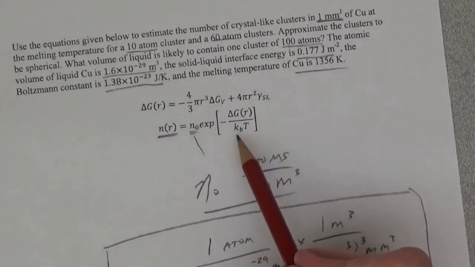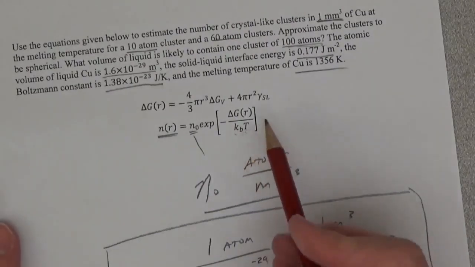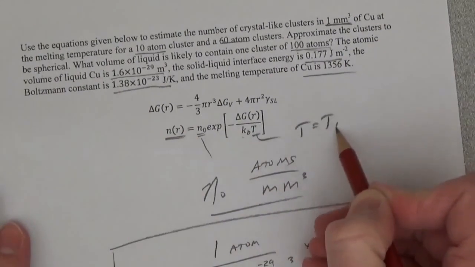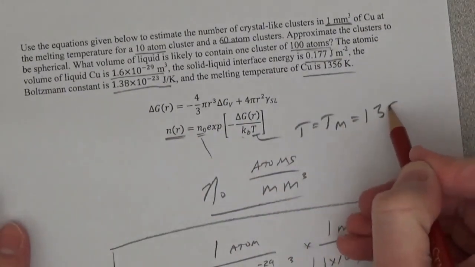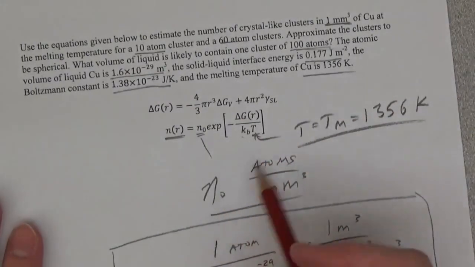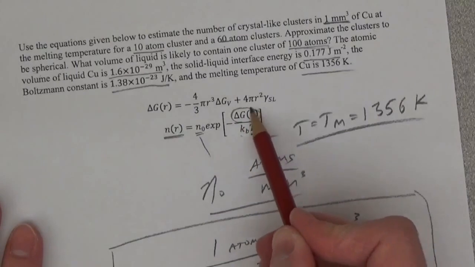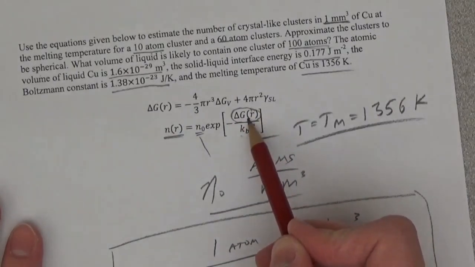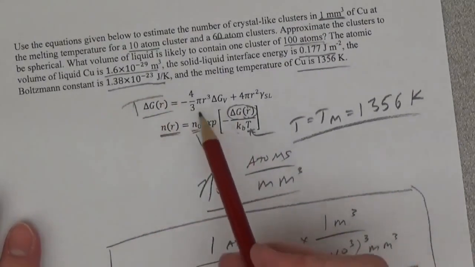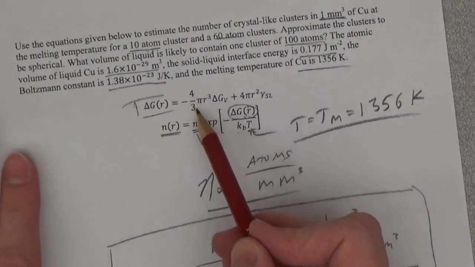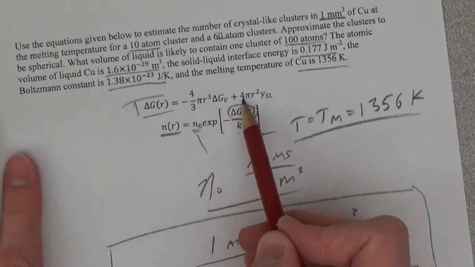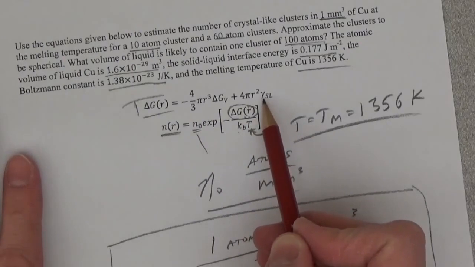Also in this, we have the Boltzmann constant, and we have the temperature, because this is at the melting temperature. T equals Tm equals 1356 K. We need to know delta G as a function of R, which we have this equation for: negative 4/3 pi r cubed delta GV plus 4 pi r squared gamma SL.